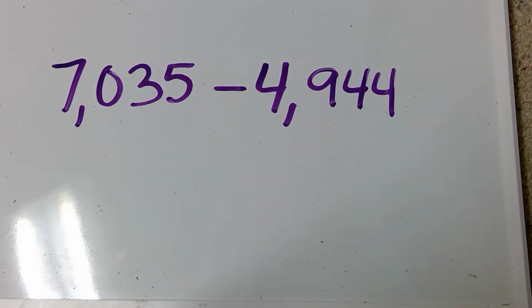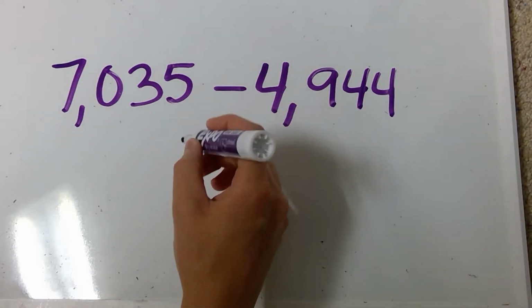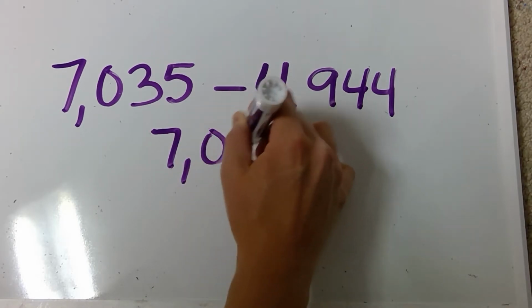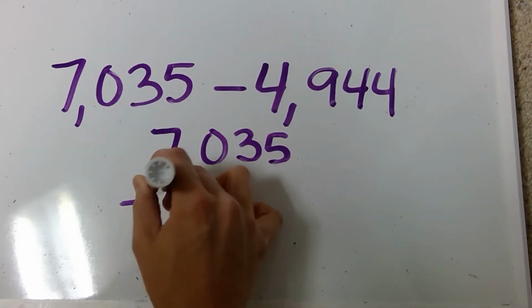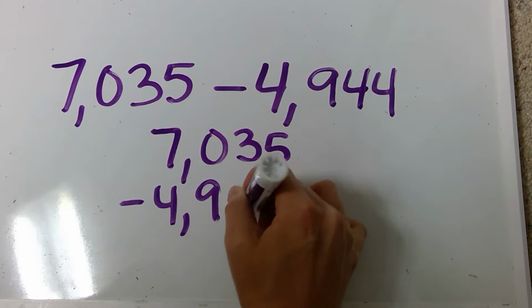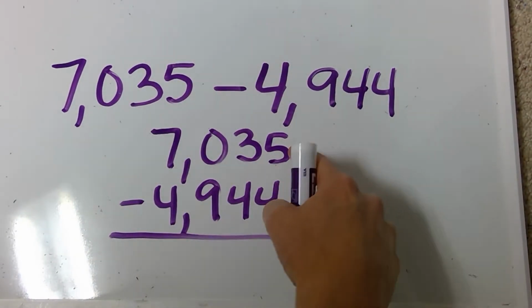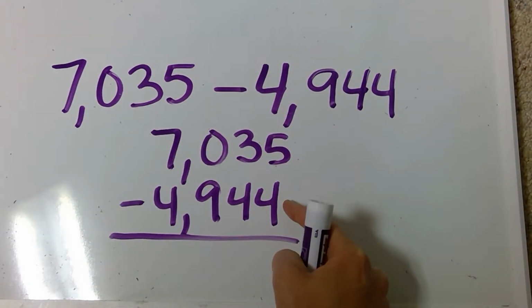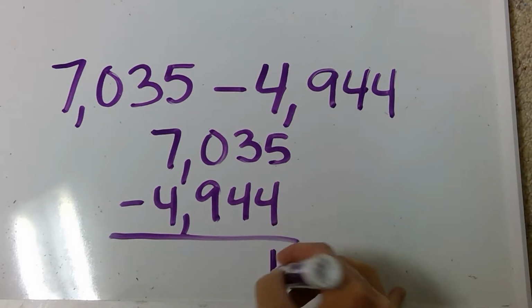If you want to do it on your own, pause and do it on your own. But here we go. 7,035 subtract 4,944. I have 5 subtract 4. I can do that. It's a 1.